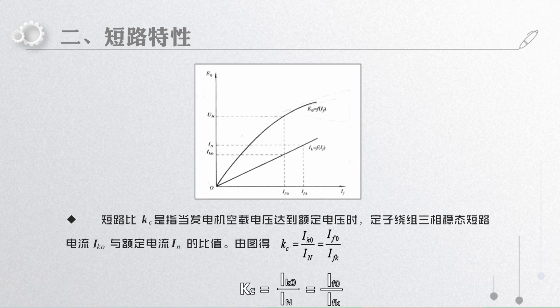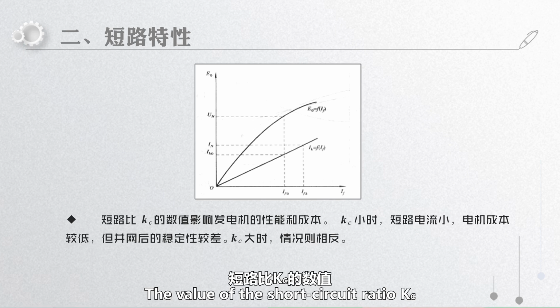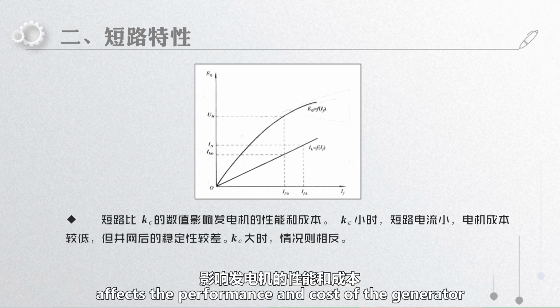Kc equals IK0 over IN equals IF0 over IF times K. The value of the short circuit ratio Kc affects the performance and cost of the generator.